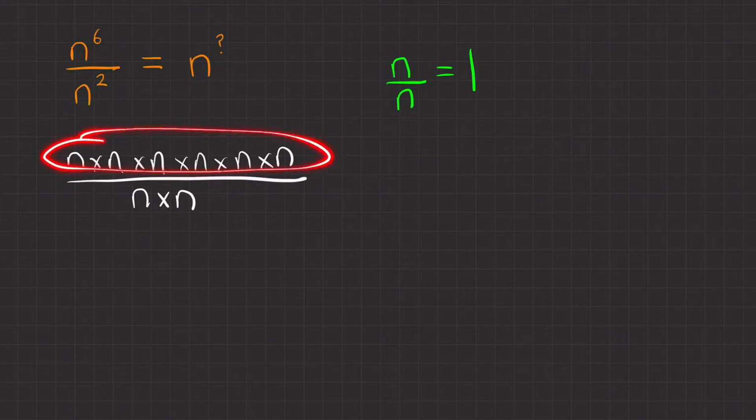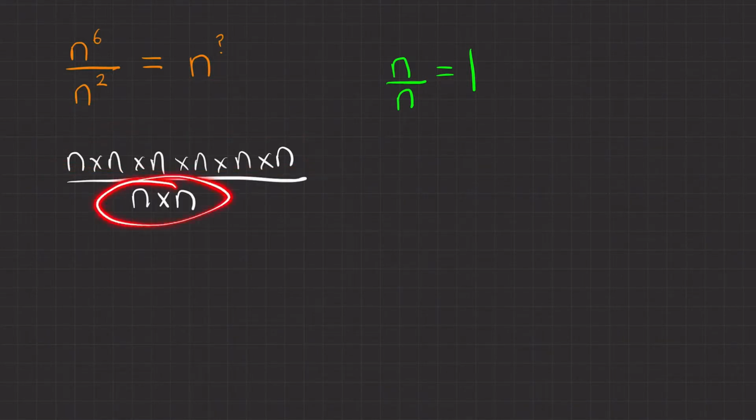We've got everything on the top row being multiplied by each other and everything on the bottom row being multiplied by each other. So if we've got n and we're dividing by n, they actually cancel out because n divided by n equals 1. And again, we've got n and another n, so n divided by n equals 1 again, so they cancel out to 1. So we're left with n to the power of 4.